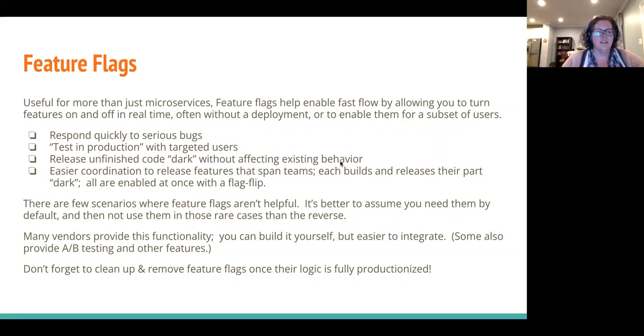And if you have a big initiative that requires work from several different teams, and you can't just put one piece out there because that would affect the other pieces that might not be ready yet, using feature flags is great because each of the teams can do their work on their own schedule and release it basically turned off. So the code will be sitting out there in production and that particular code path won't ever get executed until everybody's done their pieces.